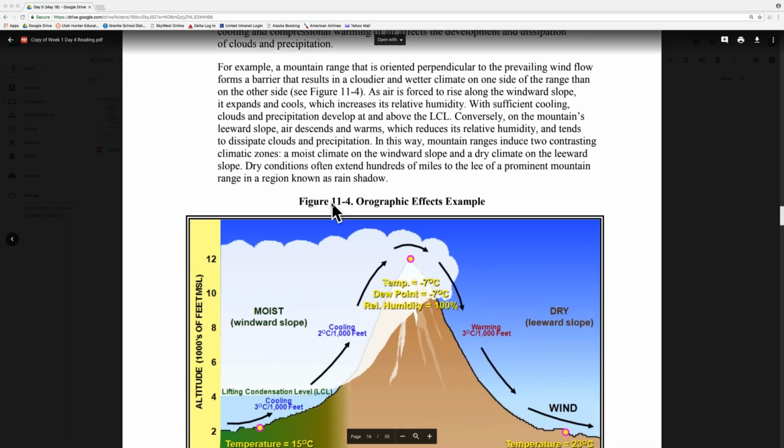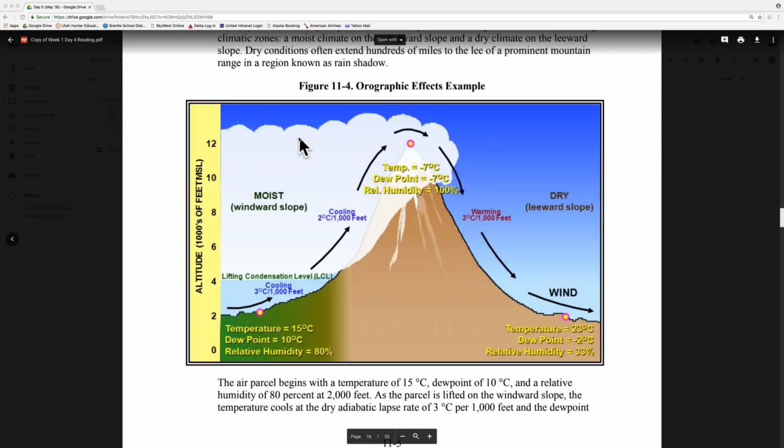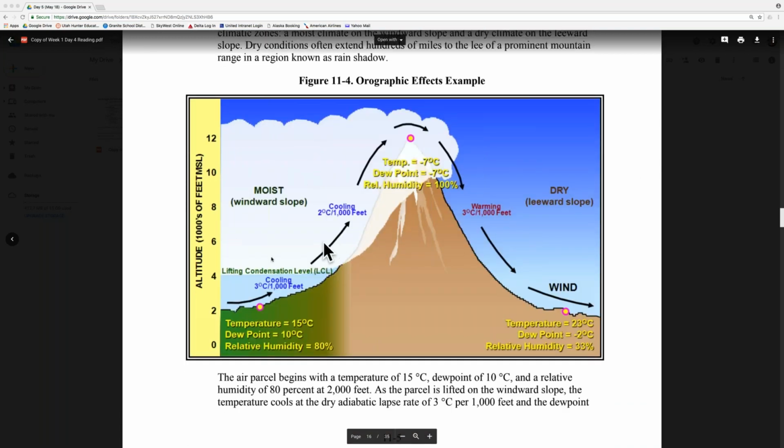So exactly what we were talking about before. Leeward side, windward side, or I'm sorry, windward and leeward side. So the moist air tends to be on the windward slope. This is where we're going to see the upslope fog, the cumuliform clouds forming, cumulonimbus.